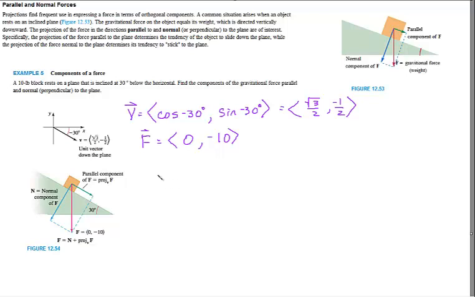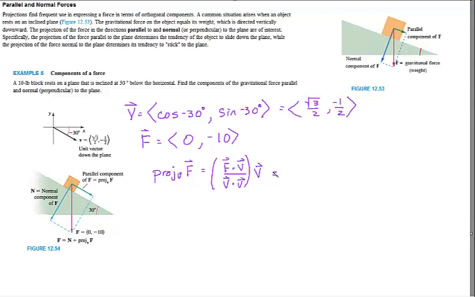So I want the projection of F onto V. And I'm going to use the formula given, where I find the dot product between F and V, and then the dot product of V on itself, and this answer will then be a vector.